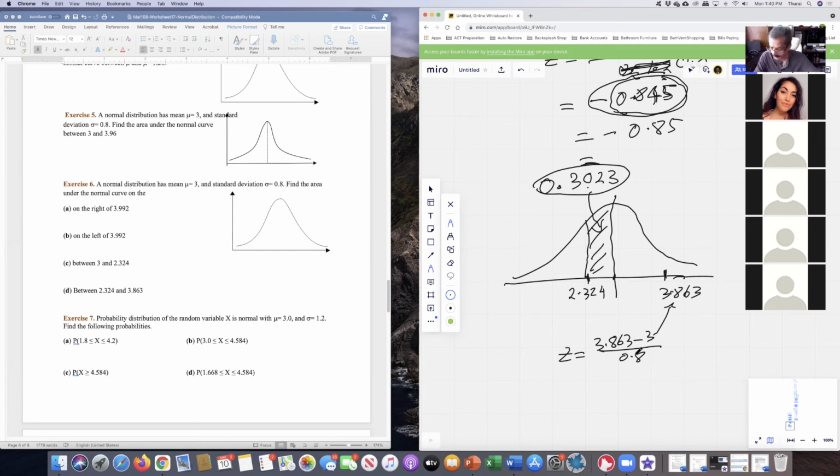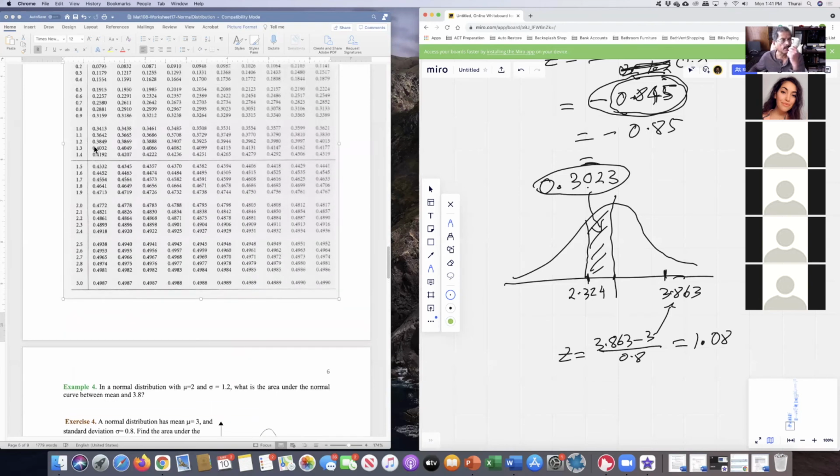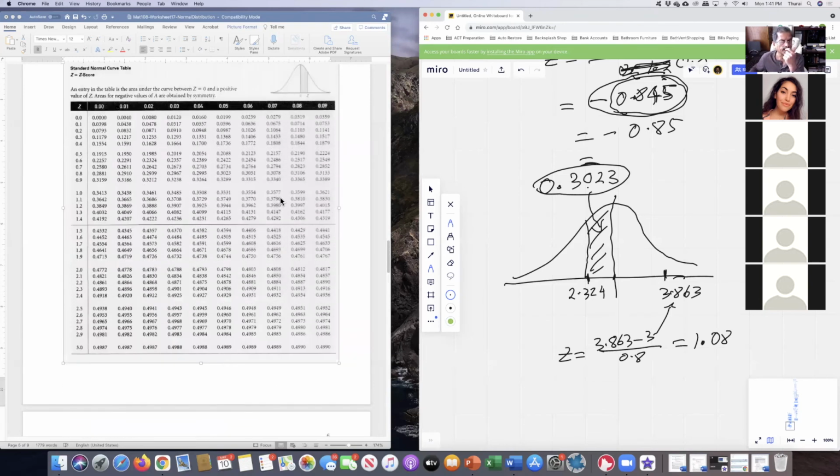So 0.863 divided by 0.8 is 1.078. I have to round it to 2 fractional digits, so 1.08 is what I'm getting. Look up the table for 1.08: 1.0, go over to 8, I get 0.3599. So 0.3599 is the area from the mean to this number.